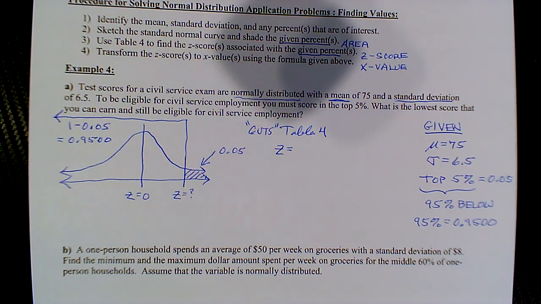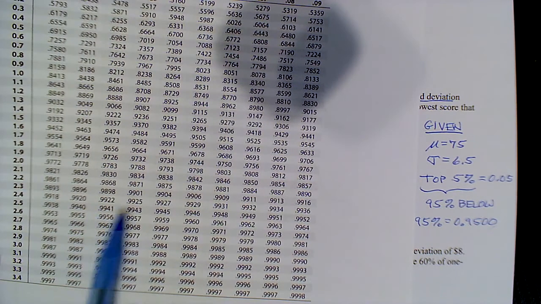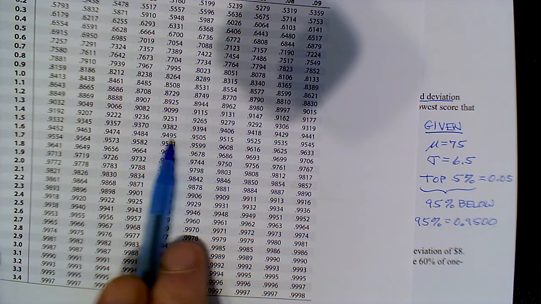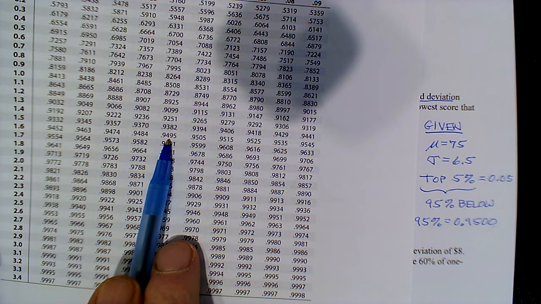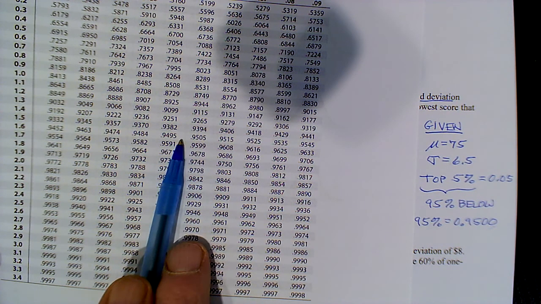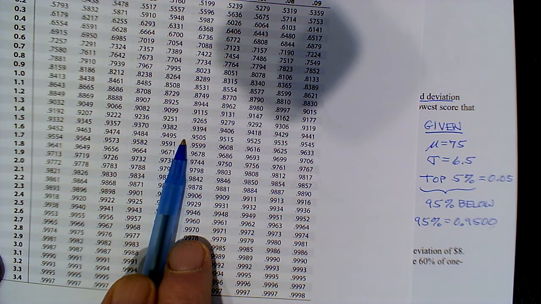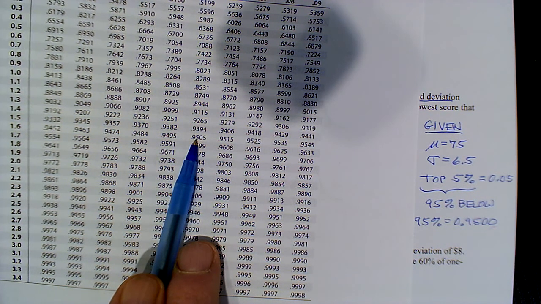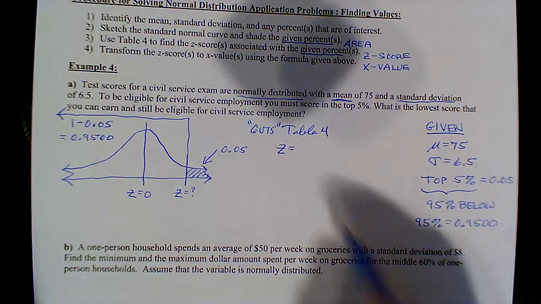But let's do it again, 0.95. So look for 0.95, and it looks like it's right here, between 0.9495 and 0.9505, smack dab in the middle. So 1.6, and we're splitting the 4 and the 5 again. So positive 1.645.